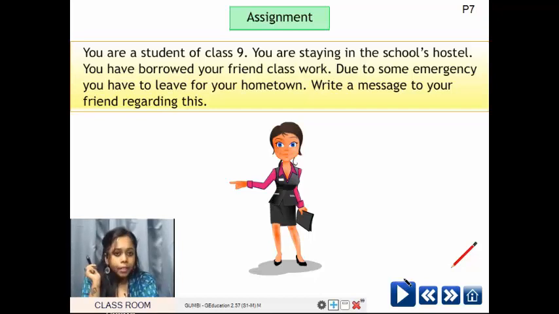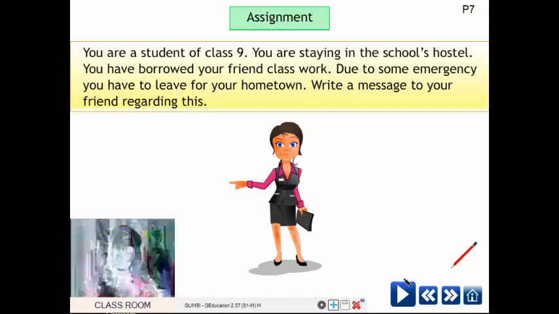Now what happens? You have borrowed your friend's classwork. But due to some emergency, you have to leave for your hometown. You have borrowed a classwork from your friend, but now because it's urgent for you, you will have to go to your hometown.